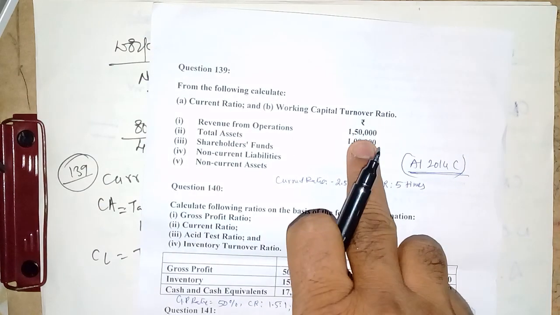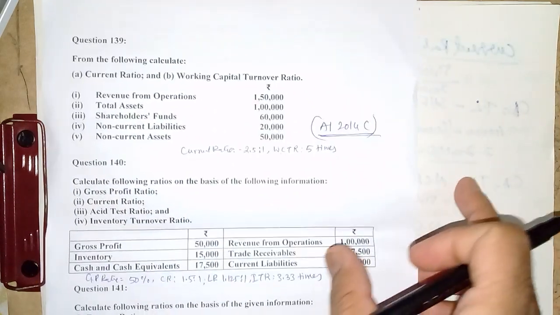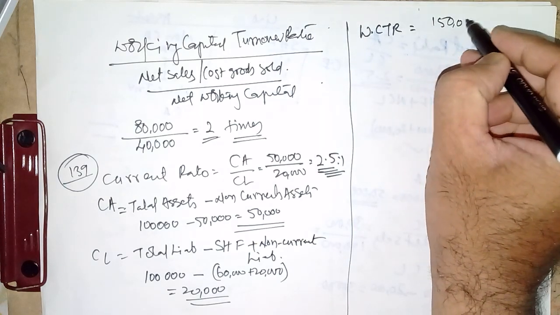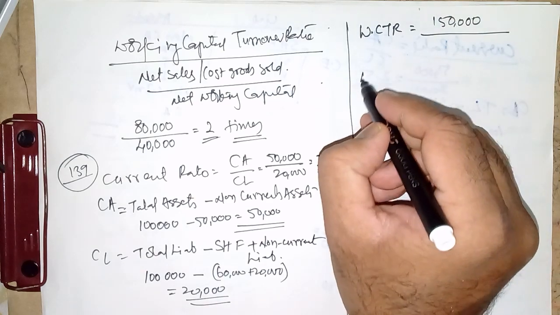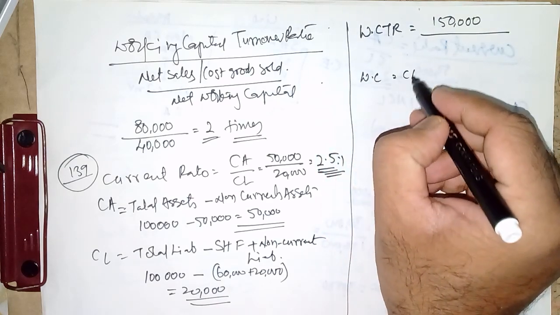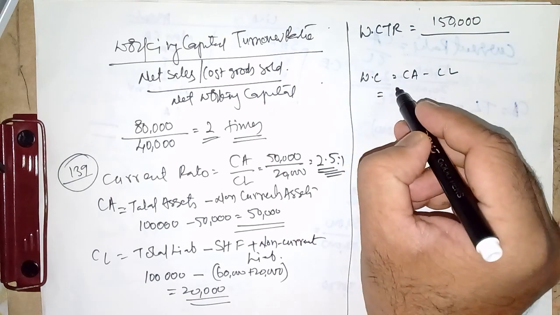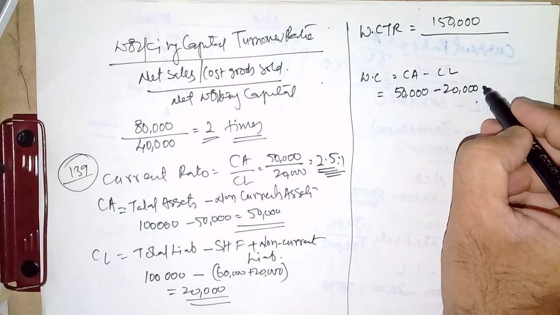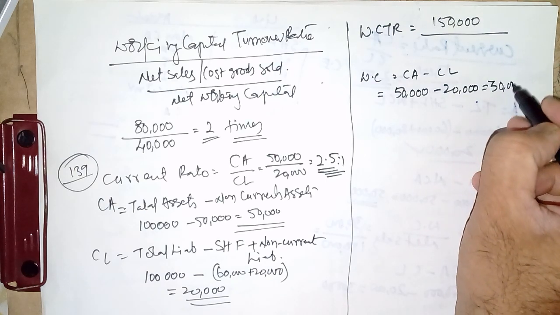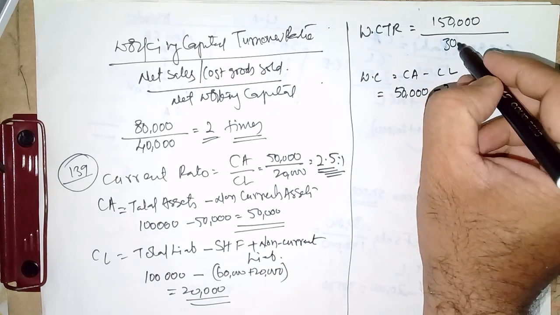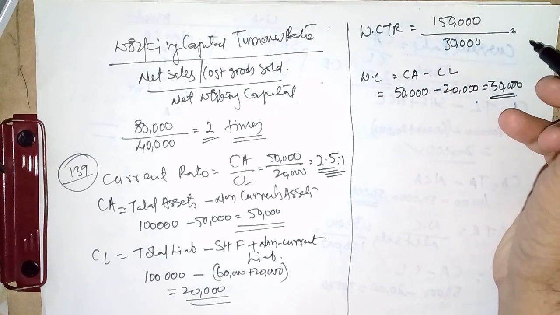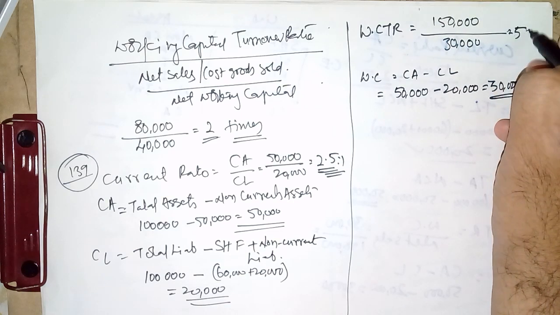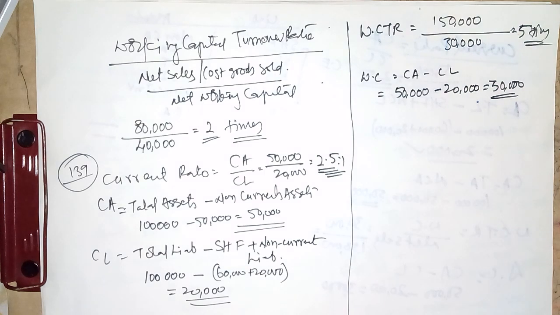In this case, we are given revenue from operations, that is 1,50,000. We can take it as sales. Then working capital is equal to CA minus CL. CA is 50,000, whereas CL is 20,000. Therefore, working capital is equal to 30,000. So 1,50,000 divided by 30,000. If you simplify this equation, we get the answer 5 times. Right? Clear?